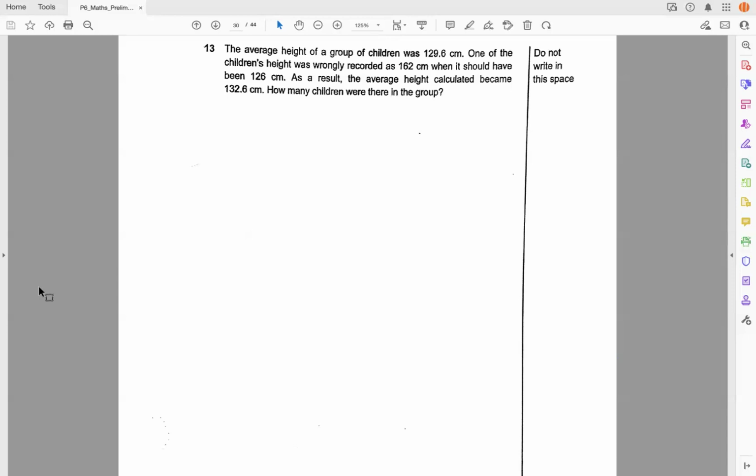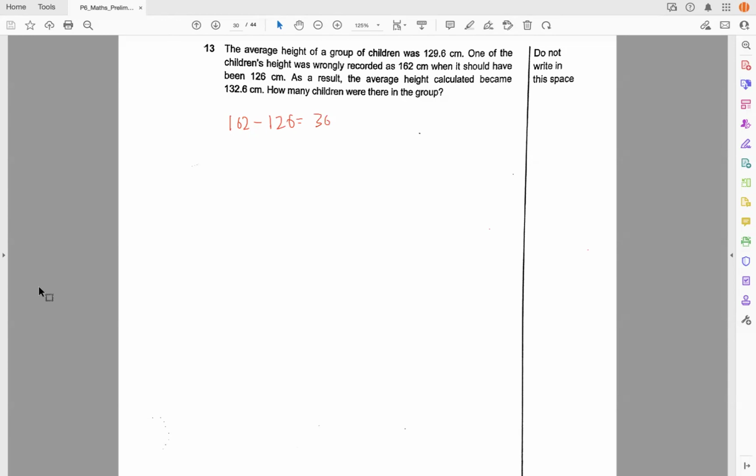So as a group, for all the children, the total height has an error of 162 minus 126, which is equal to how much? 36. Okay, some of you may ask me where that comes from.